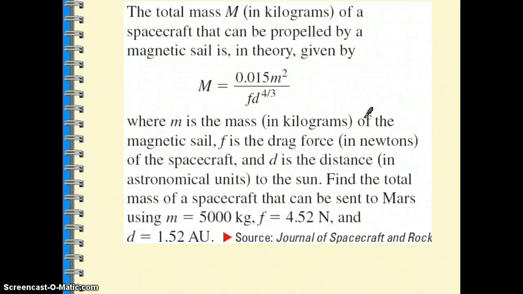All right, one last problem here. We're going to look at a word problem dealing with solar sails.